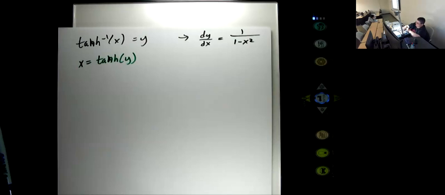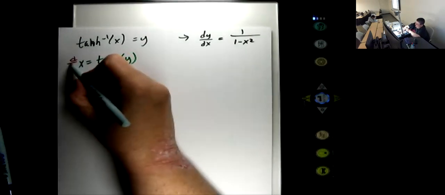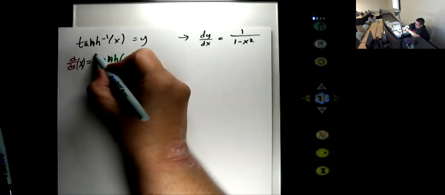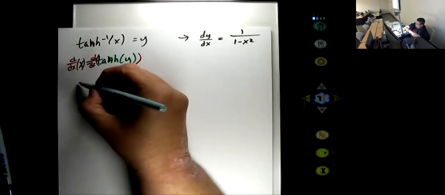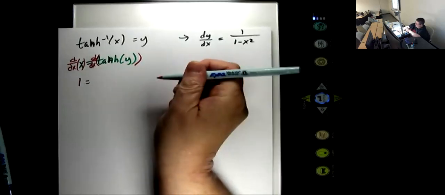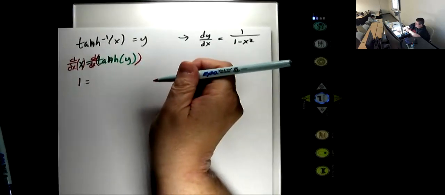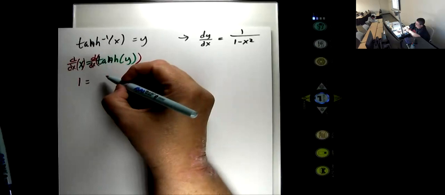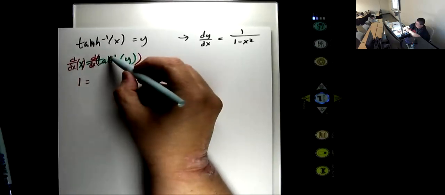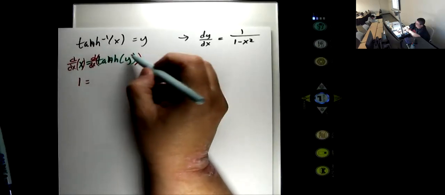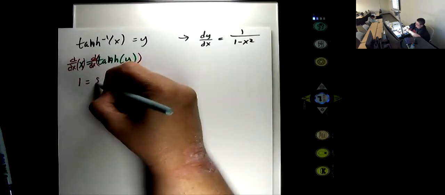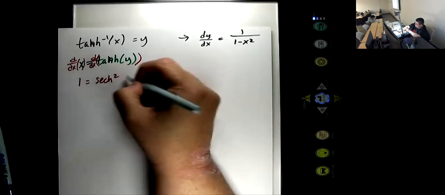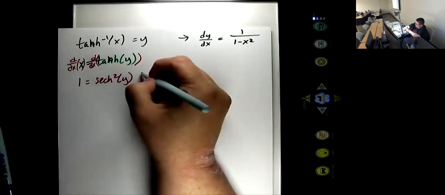And then we will do d/dx of both sides. The derivative of the left is 1. The derivative of the right is, remember we have to do implicit differentiation, so it's like a chain rule here. Derivative of tanh is sech squared. And then the derivative of the inside is dy/dx.